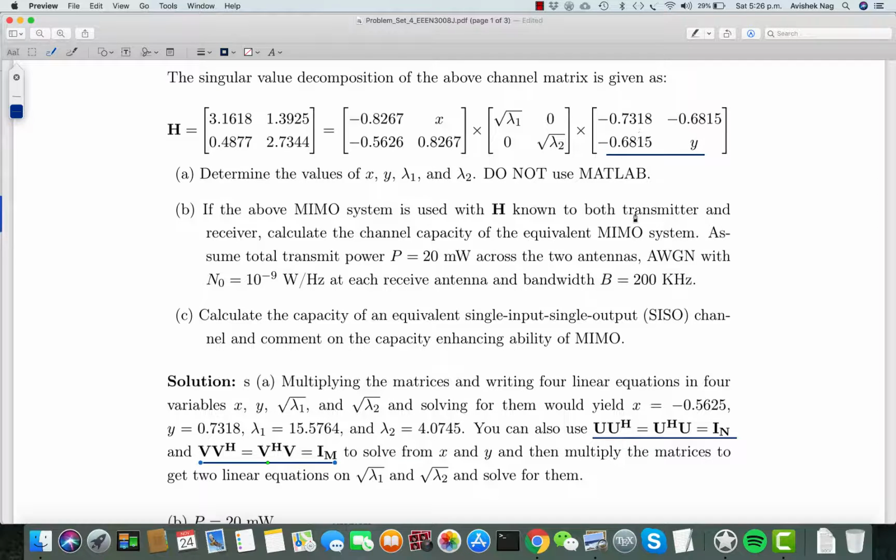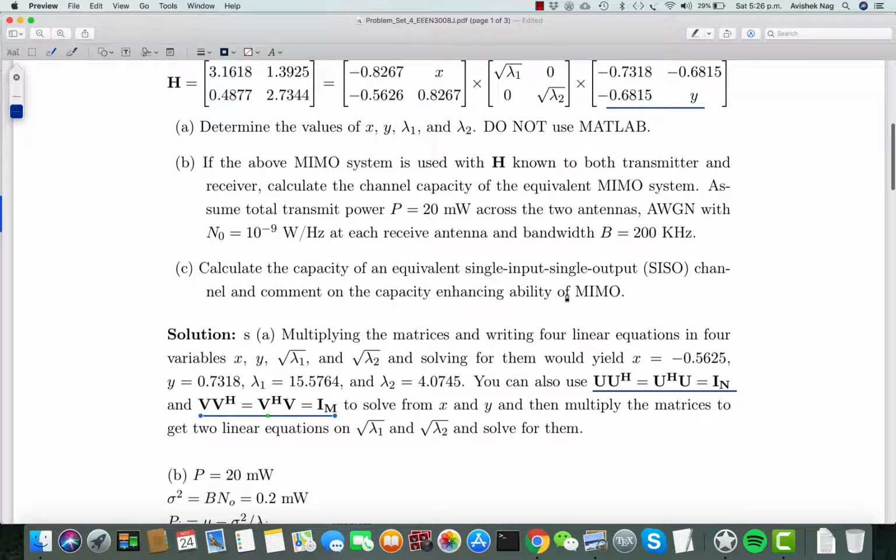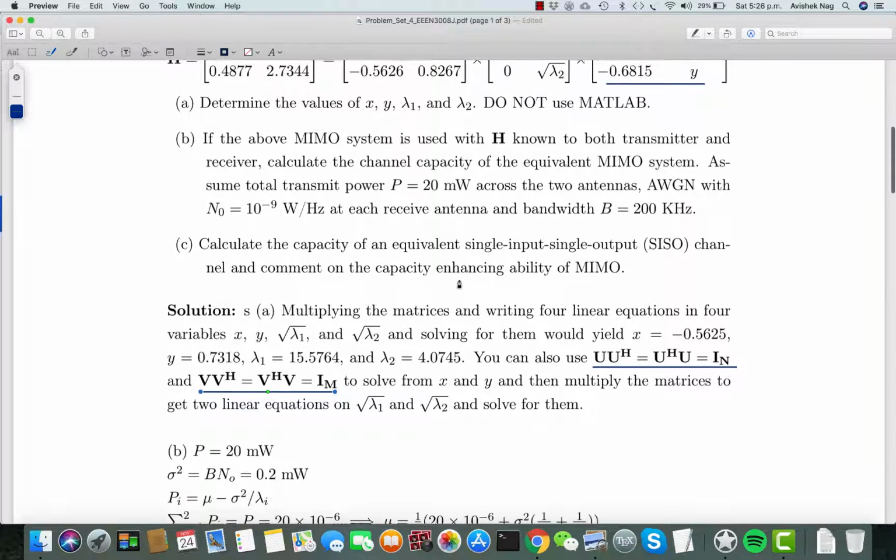That method is quicker, and some of you have used that. And then once you get x and y, it's easier to manipulate the three matrices and get the values of lambda 1 and lambda 2 using this equation. So most of you found all the values correctly.